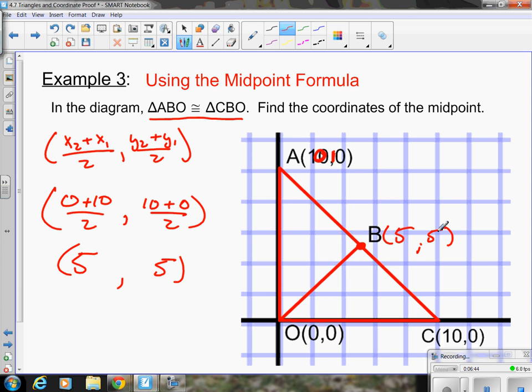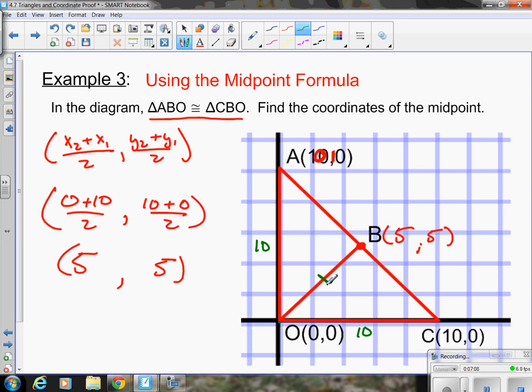And now how am I going to show this triangle congruent? Well, good question. So we draw in this line here, and the length of this line is 10 units. From 0 to 10 is a length of 10. Length of this line is 10 units.